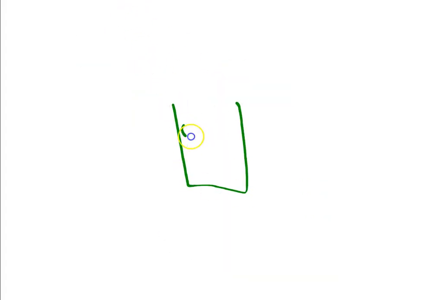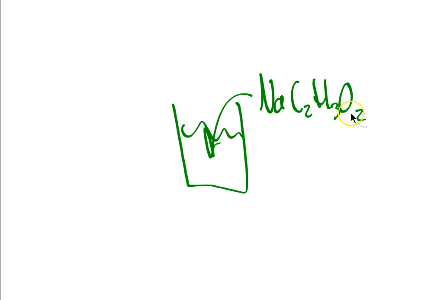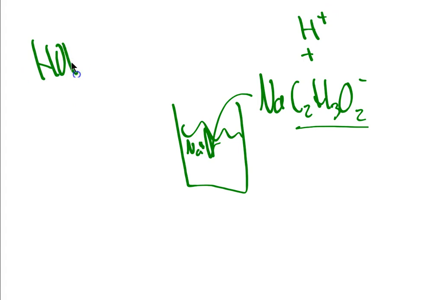Okay, but this is weird. I can have water and I can add sodium acetate and it will mess with the pH. Because what I'm going to do, I'm going to get some Na plus, and then my acetate ion, it's the conjugate base of a weak acid, so it's going to go find the H plus that was in here because water breaks apart to H plus OH minus.